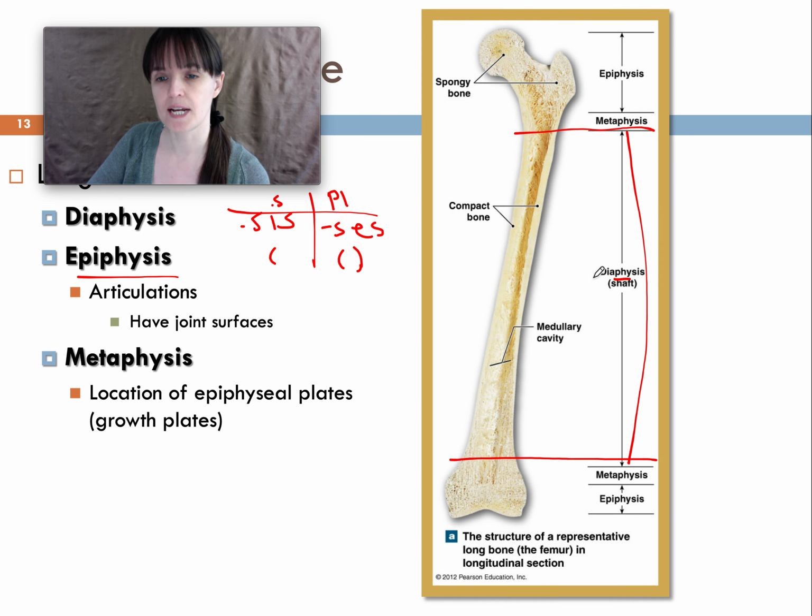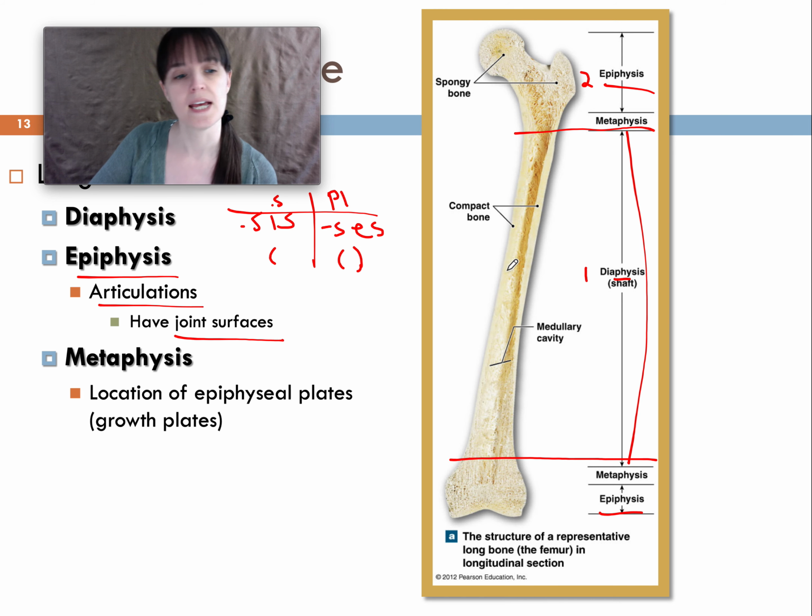So each bone has one diaphysis and two epiphyses. And the epiphyses are the ends. They are the articular surfaces. Articulation is a joint. So these are your joint surfaces, the articular surfaces.